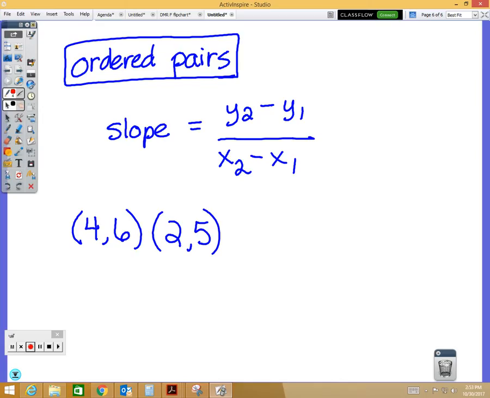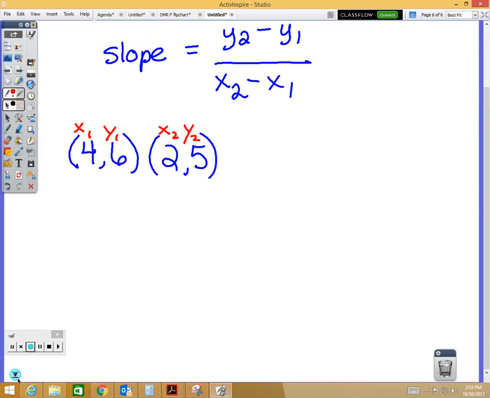So we all know that when you have an ordered pair, the first number is your x, okay? And the second number is your y, correct? Now the 1 and the 2 just corresponds to the first ordered pair, x1 and y1, and the second ordered pair, x2 and y2. So I highly recommend labeling them. So just like we did on math review, when we have things labeled and we have our formula, we're just substituting these things into the formula, okay?